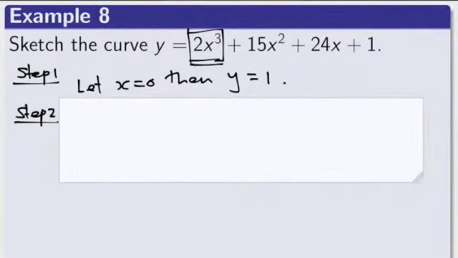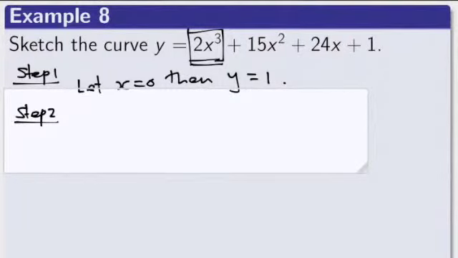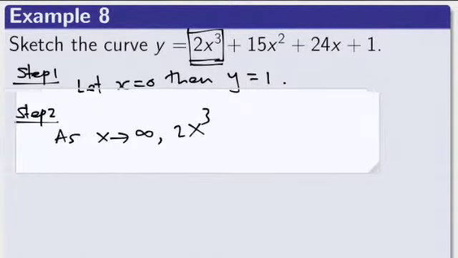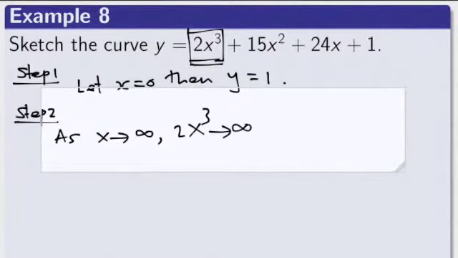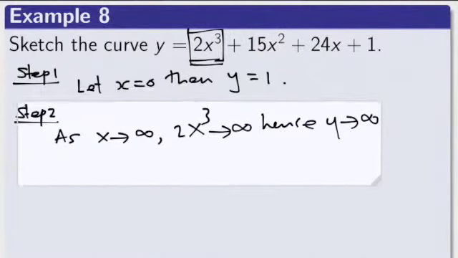As x approaches plus infinity, 2x cubed, well, plus infinity is a very large number. If you take the cube of a very large number and multiply by 2, it's still a very large number. So this approaches infinity, hence y approaches infinity as well.